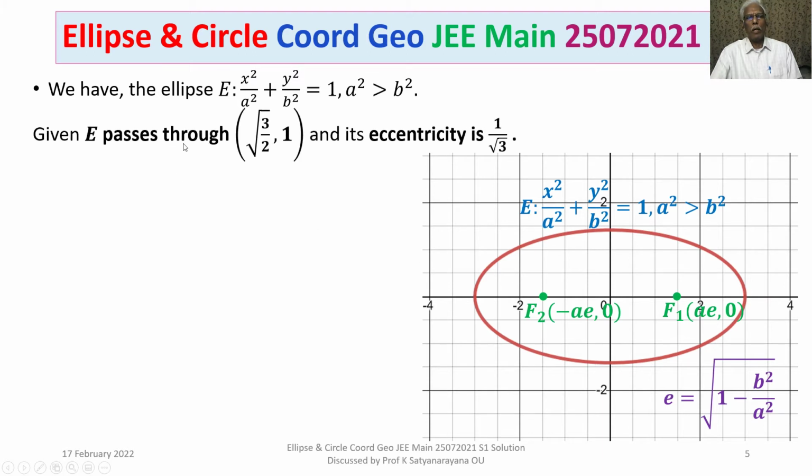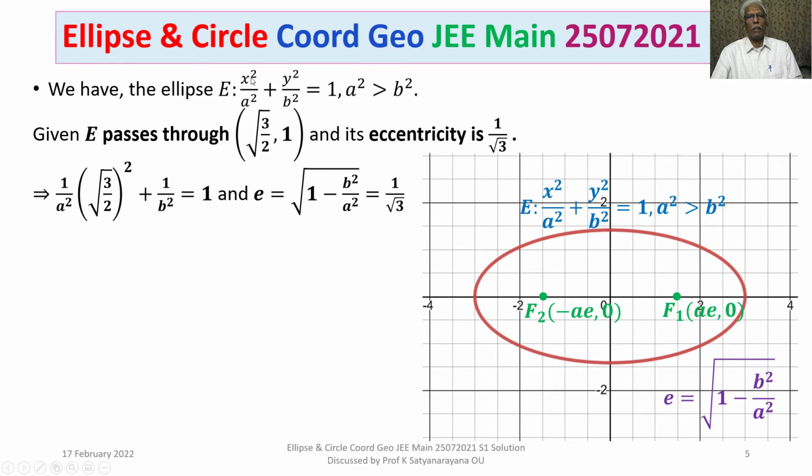Given E passes through the point whose coordinates are root 3 by 2, 1 and eccentricity is equal to 1 by root 3. Because E passes through this point, the coordinates of this point must satisfy this equation, and the eccentricity is given by this formula, and that is equal to 1 by root 3. So 1 by a square, wherever there is x, we write root 3 by 2 whole square, plus 1 by b square, y being 1, is equal to 1.